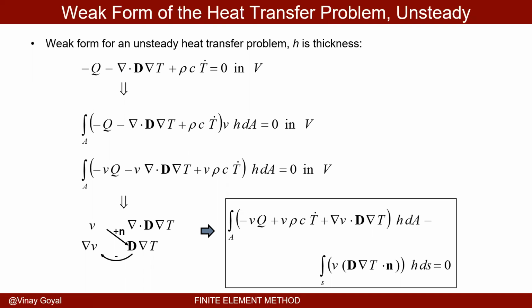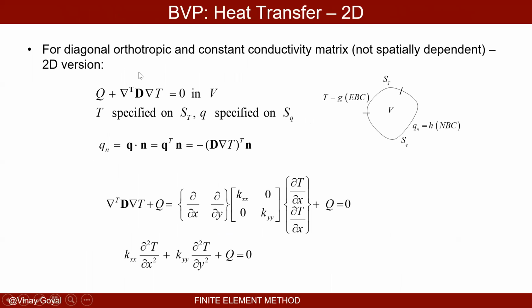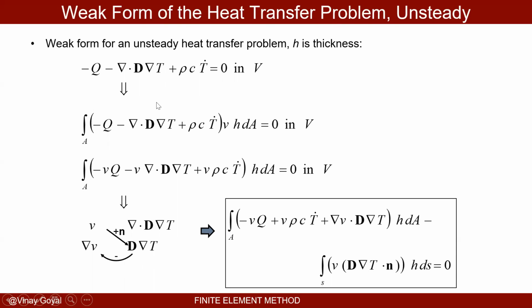We fully know Q because that's a heat source or heat sink. We know rho, the density. We know C, the specific heat. And we know D, which is the matrix of conductivity. So that's this matrix. I know the conductivity because I measure it through labs. So the only thing I don't know in this equation is temperature. That's really what I'm after.